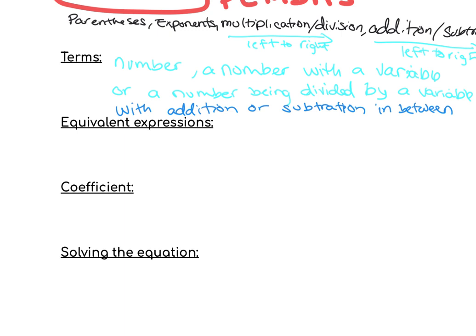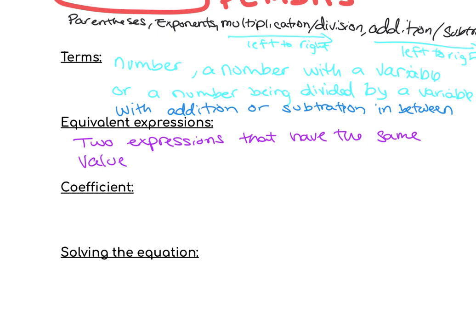Equivalent expressions. Let's go with a different color because I just like color, as you guys know. Equivalent expressions are two expressions that have the same value.